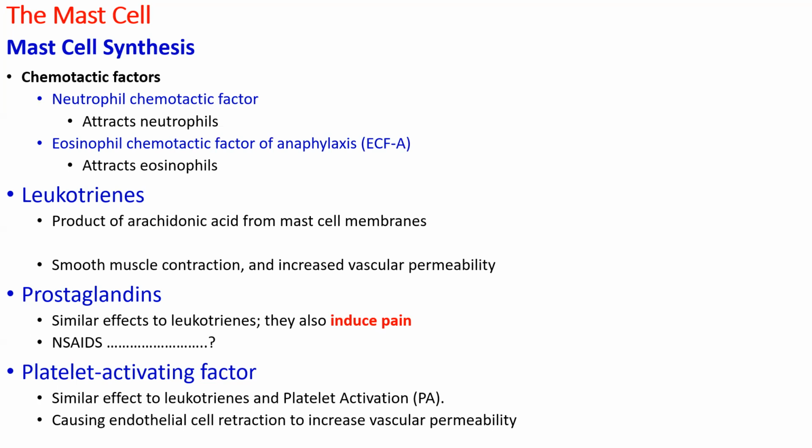Now, the NSAIDs block the synthesis of prostaglandin type E series, and the importance here is that once the NSAIDs block the synthesis of prostaglandin E series, or prostaglandin in the GI tract, which is a kind of protective mechanism for the GI.